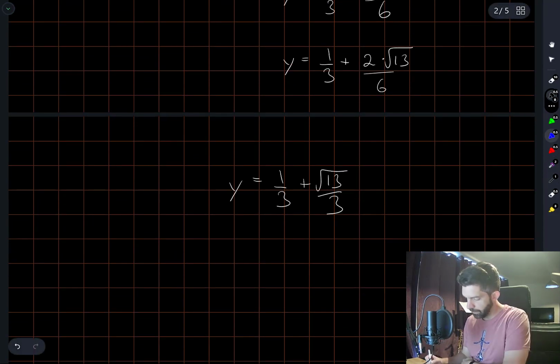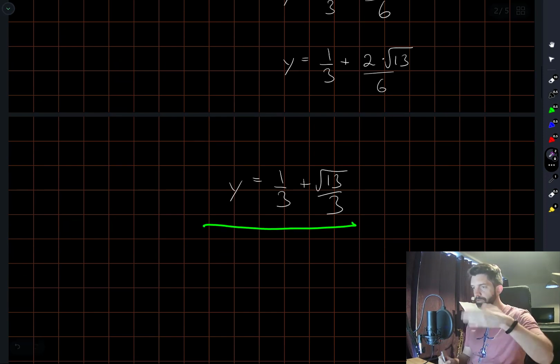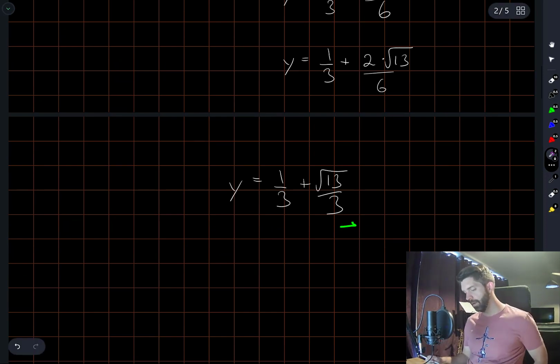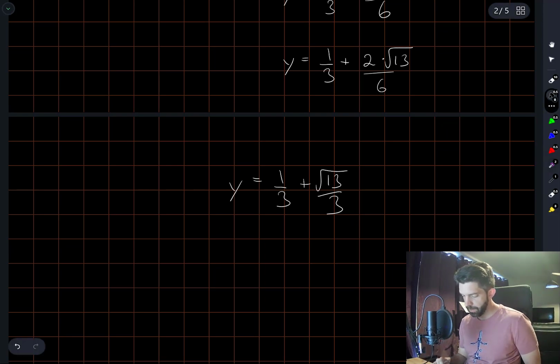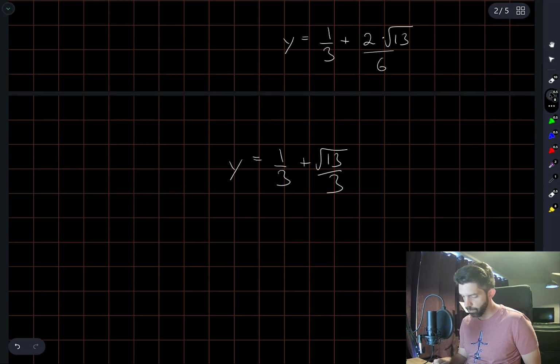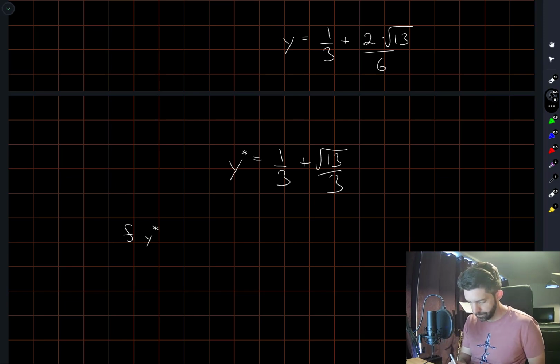So this is the value of y where the function has a local minimum. I'll call this y star. I want to figure out whether f of y star is positive or negative.